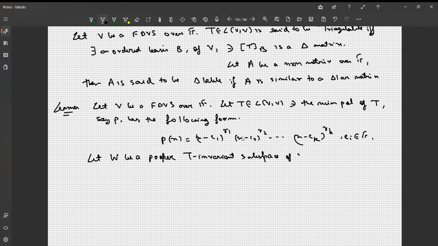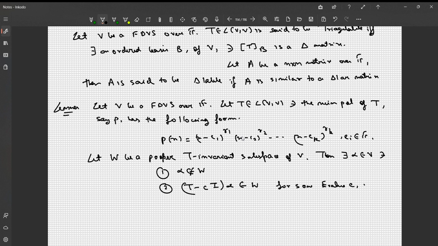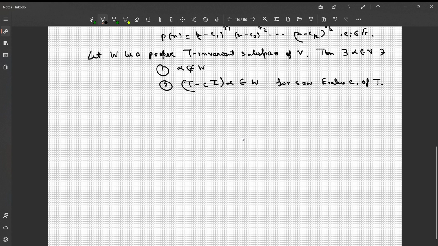Let W be a proper T-invariant subspace of V. Then there exists a vector alpha in V such that number one, alpha is not in W, and number two, the image of alpha under the linear operator (T - cI) must be inside W for some eigenvalue c of T. So that is the lemma we have.